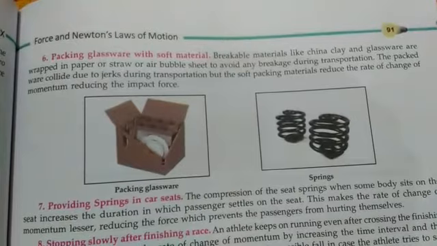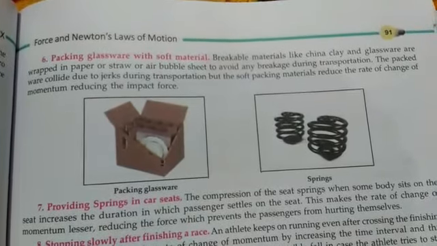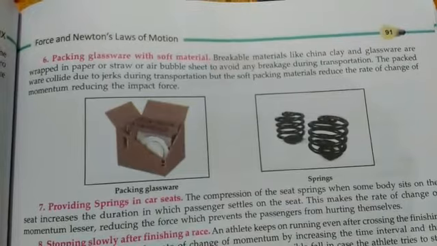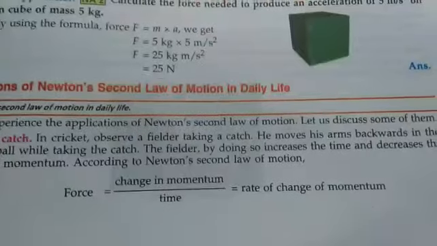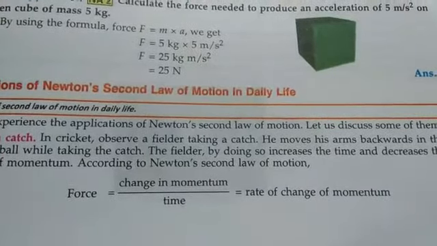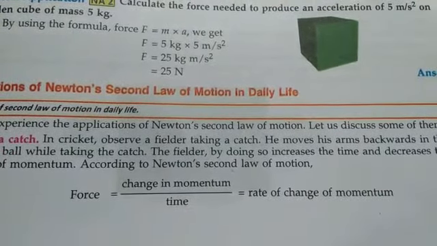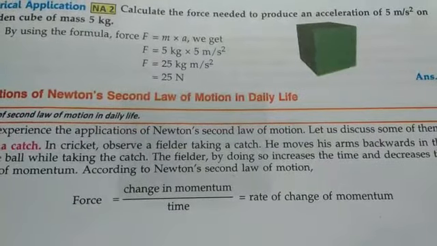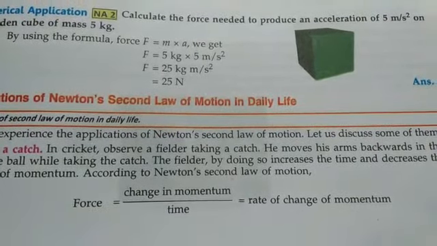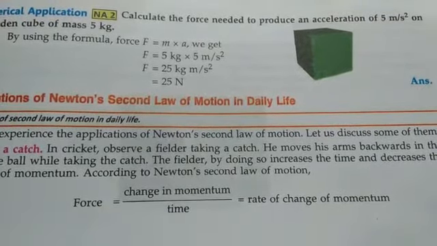The packed ware collides due to jerks during transportation, but the soft packing materials reduce the rate of change of momentum. From this formula you can see, to decrease the amount of force, we can do two things. Either we can increase the time or we can decrease the rate of change of momentum.